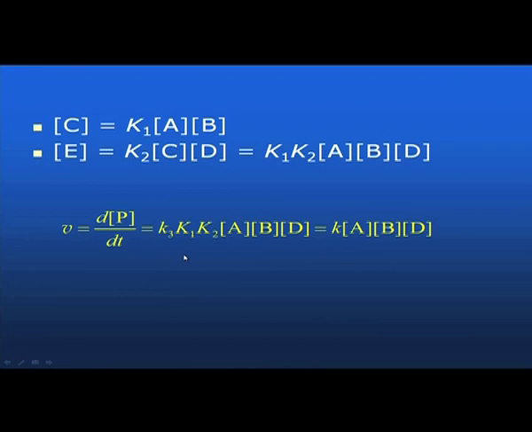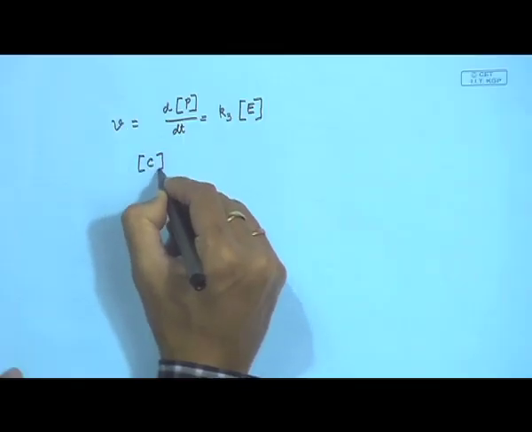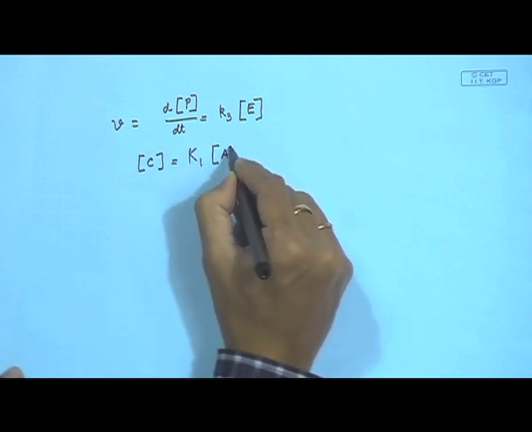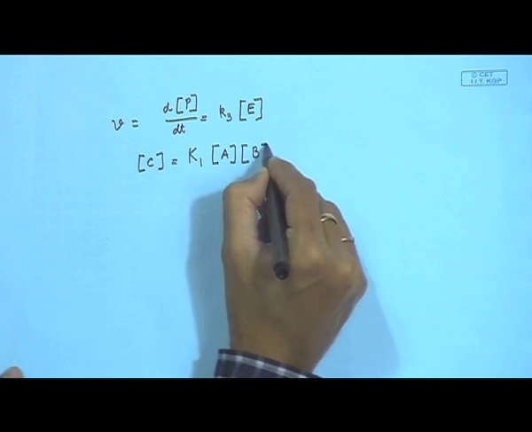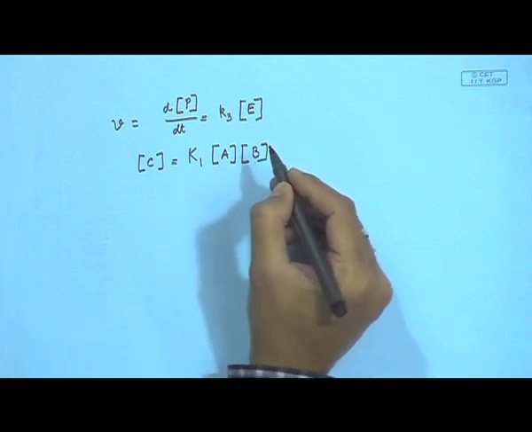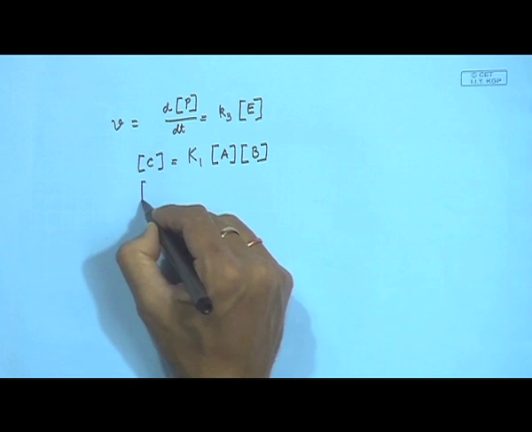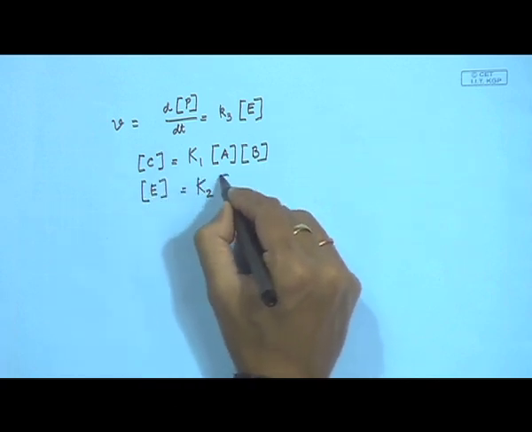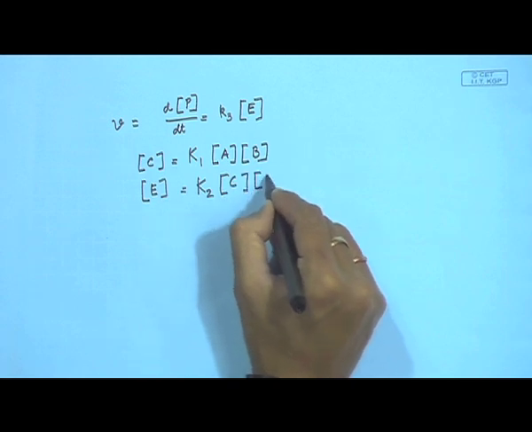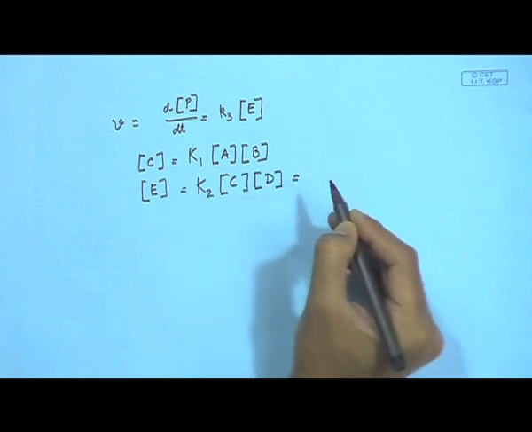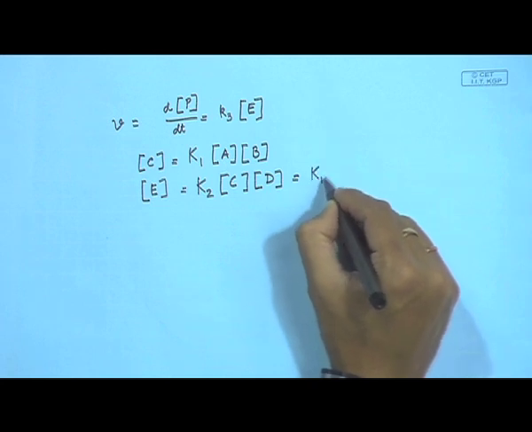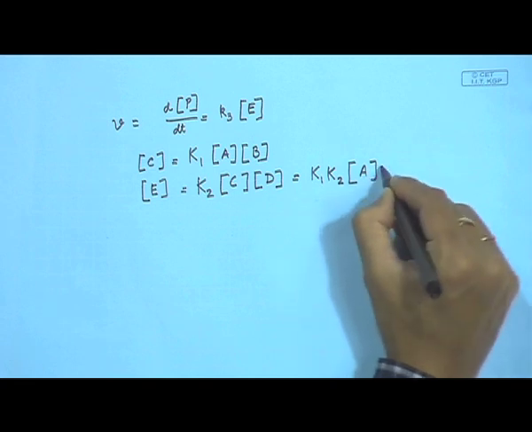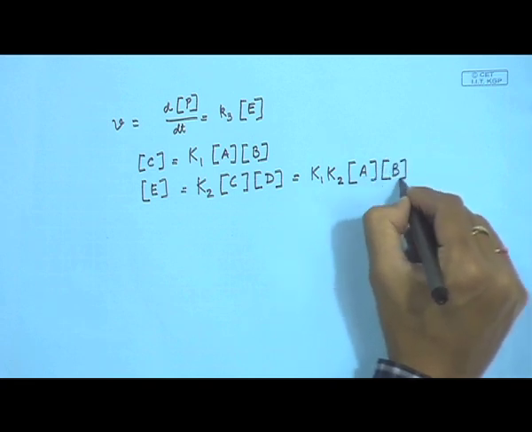and the concentration of C will be equal to K1 into [A][B], from the equilibrium constant. Also, the concentration of E is equal to K2 times [C] times [D], which is equal to K1 K2 [A][B][C].